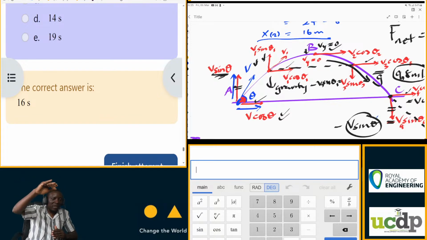But it's still moving horizontally because nothing is acting against the horizontal motion. So it continues, then starts moving down. The horizontal motion is still the same because there's no acceleration. Gravity only acts in the vertical. So the vertical component starts increasing now until it gets to the point where it hits the target.